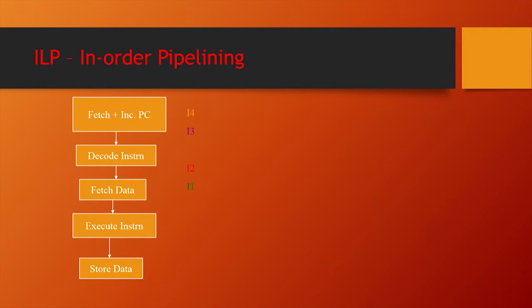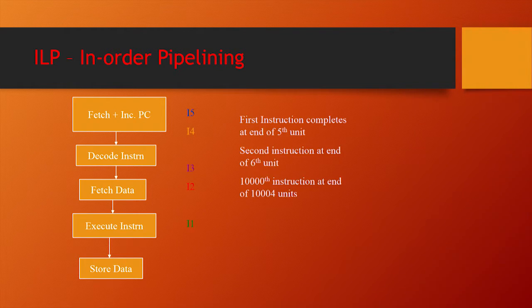When I1 is executed, I2's data is fetched, I3 is decoded and I4 is fetched. When I1's data is getting stored, I2 is executed, I3's data is fetched, I4 is decoded and I5 is fetched.